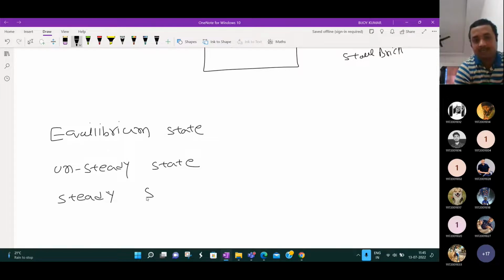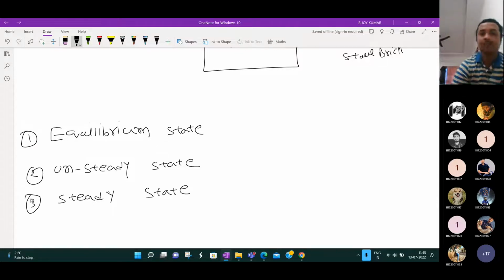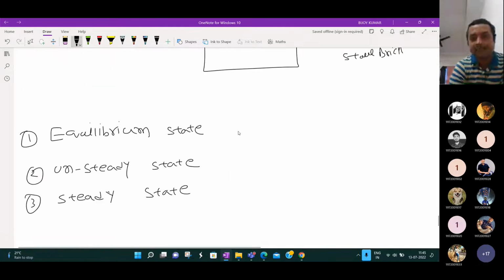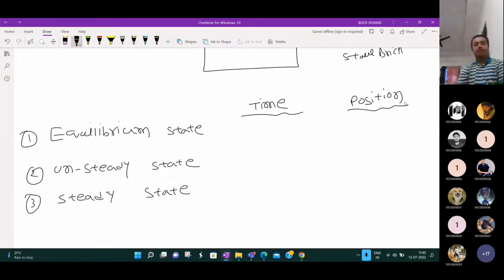These are conditions you have to understand for every material during heat transfer. These three conditions are defined according to time and position. We'll discuss it, don't worry, just give me some time.